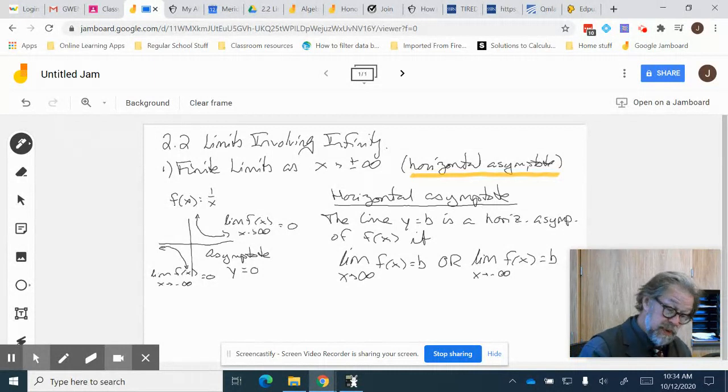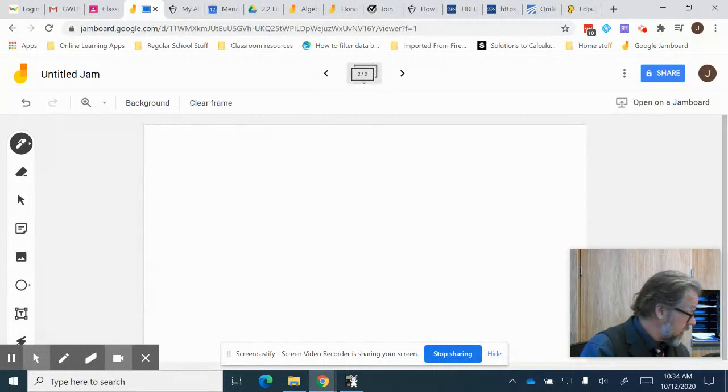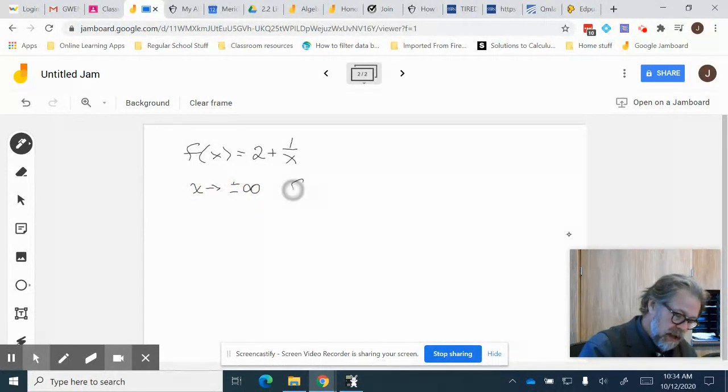So let's do a quick example. We've got f of x equals 2 plus 1 over x. We notice that as x goes to either plus or minus infinity, f of x will go to 2 because this will go to 0.